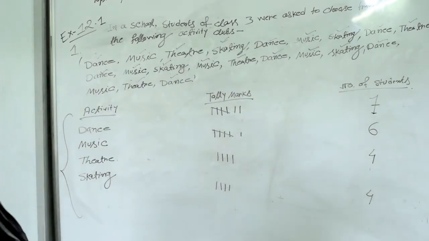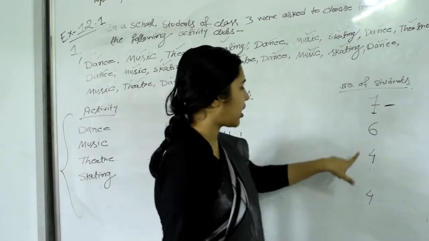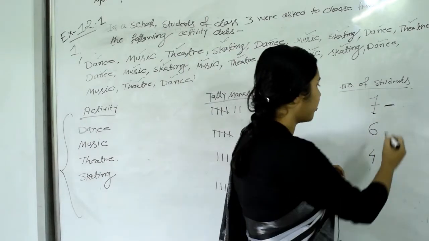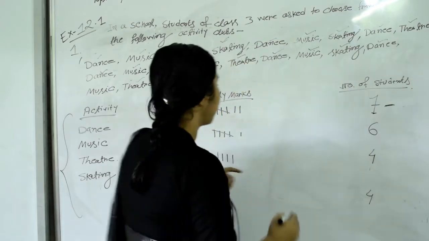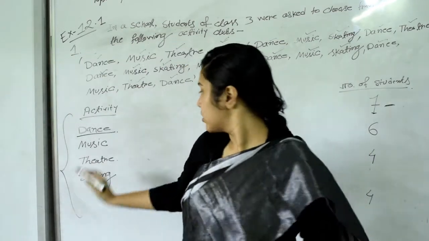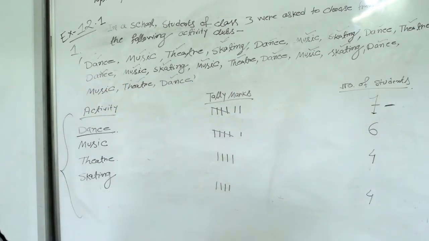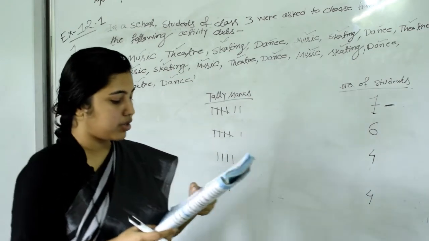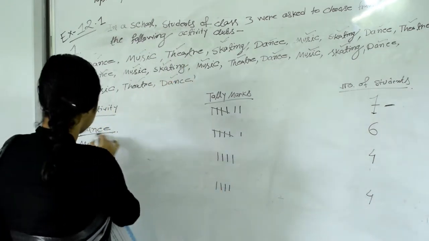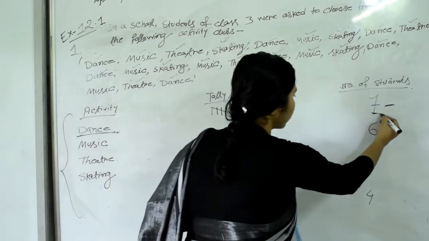So here the number 7 is more than 6 and 4, right? Which means 7 students like dance. So our answer is dance. It's chosen the most by the students.